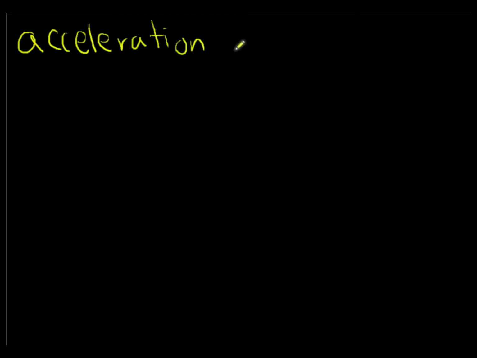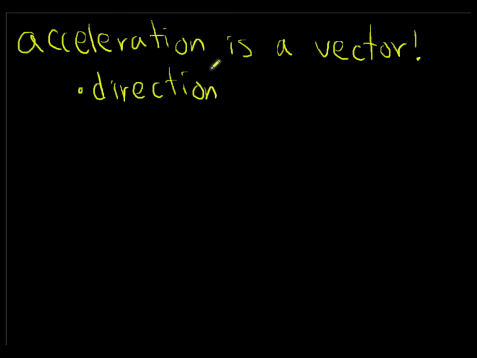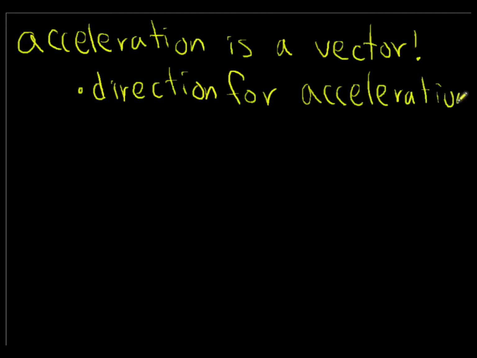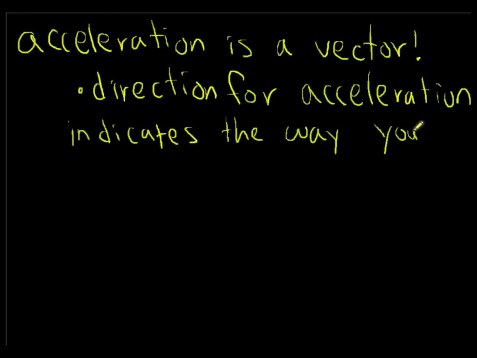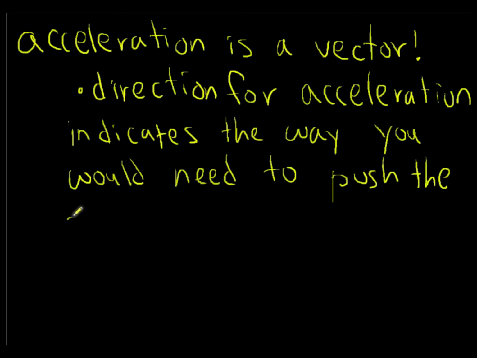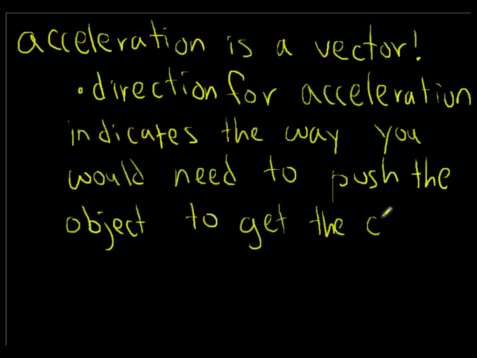Acceleration is a vector. You must give your vector answers positive or negative signs, or directions must be indicated. Direction for acceleration indicates the way you would need to push the object to get the change in motion that you observe.